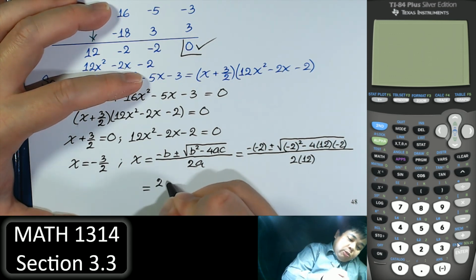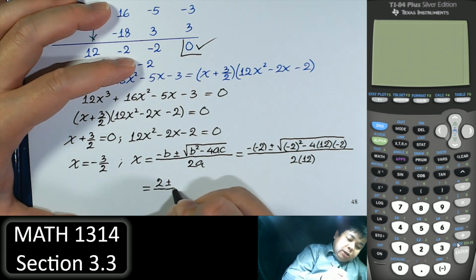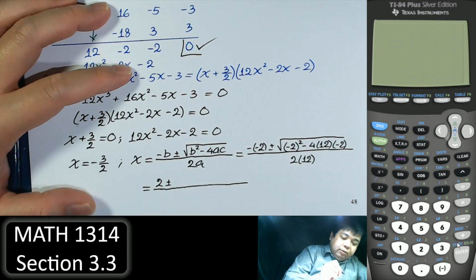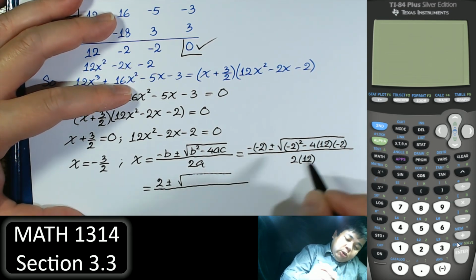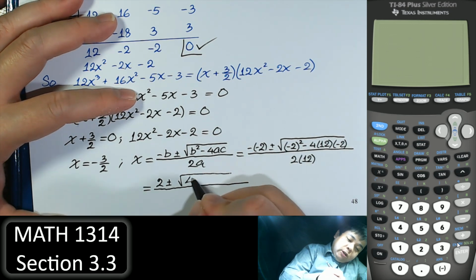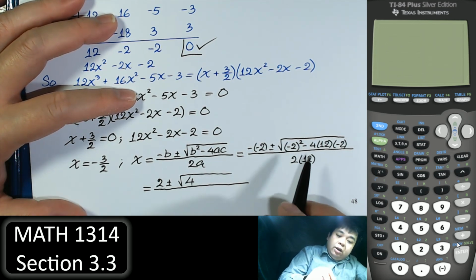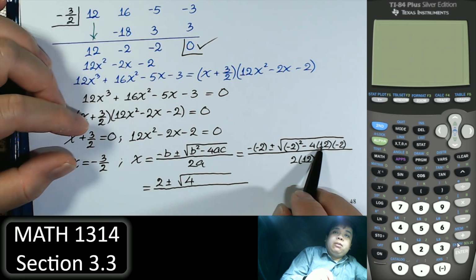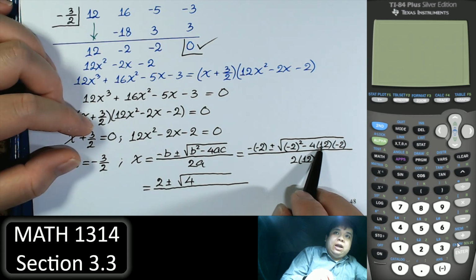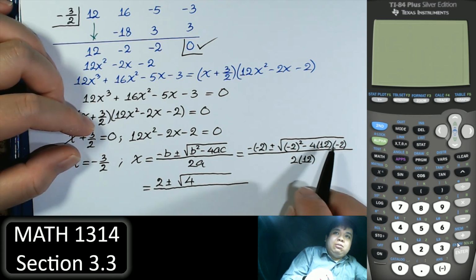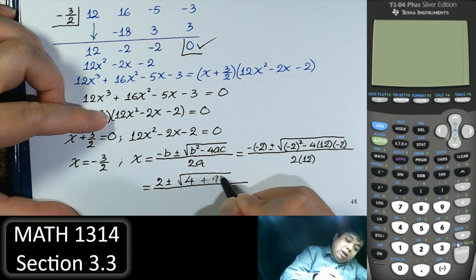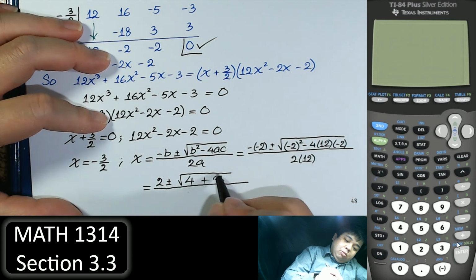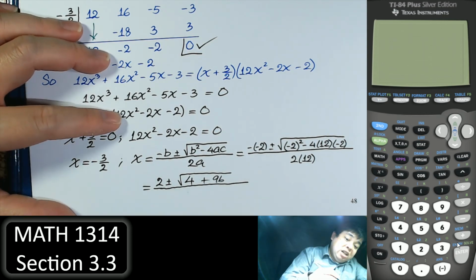So you have 2 plus or minus the square root of 4, then 4 times 12 is 48, times 2 is 96, negative negative. Well, that actually turned out to be 100. So we have the square root of 100, which is 10.